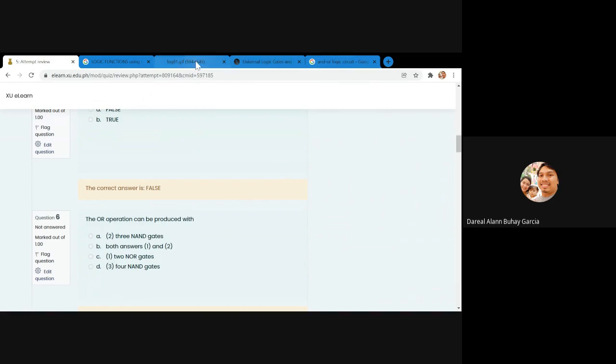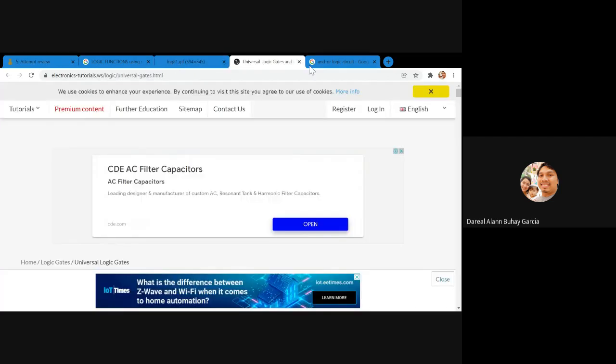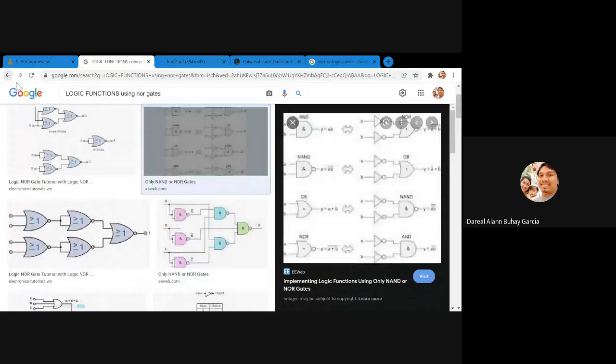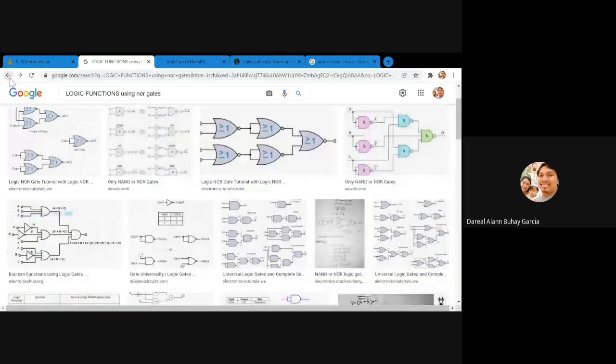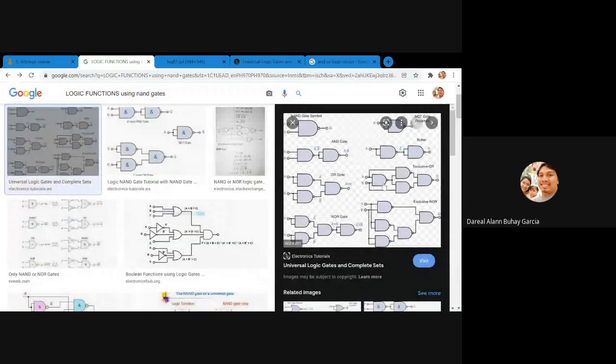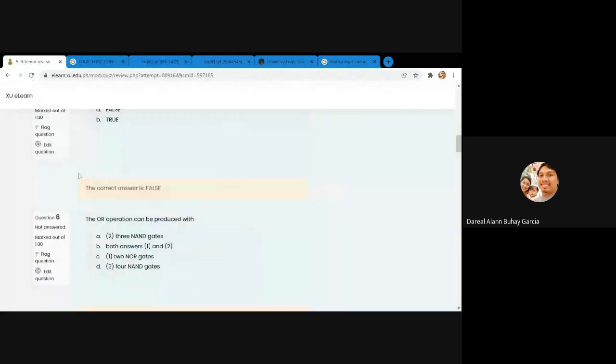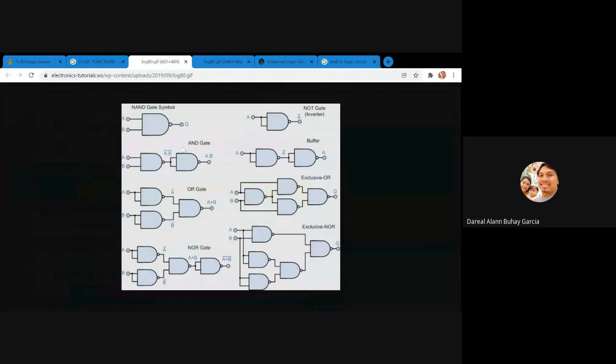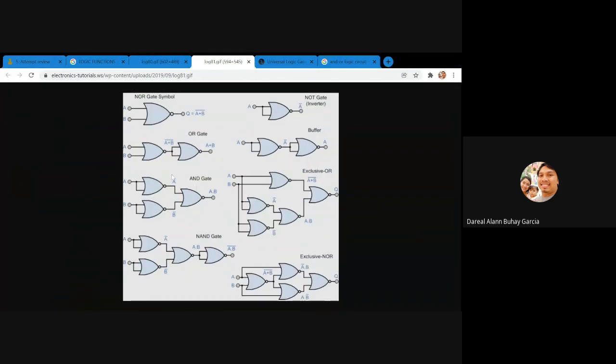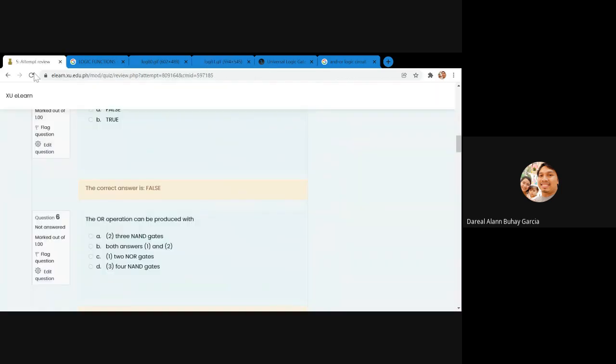So, false. OR operation can be produced with NAND gate. Or operation sa NAND, 3 NAND gates. Ang OR operation sa NOR, 2 NOR gates. So, correct pod ni. So, both answers 1 and 2 are correct.